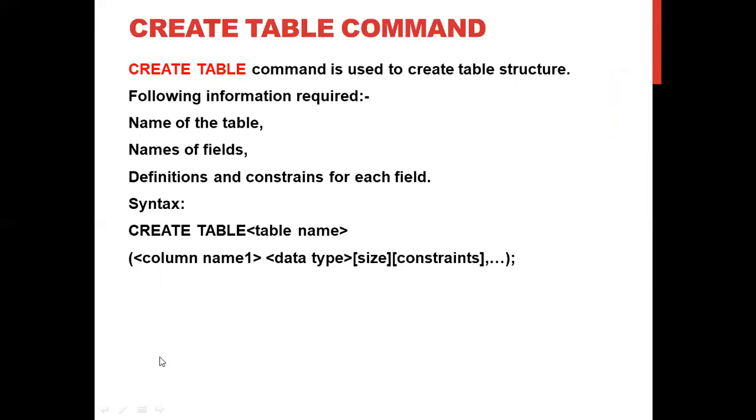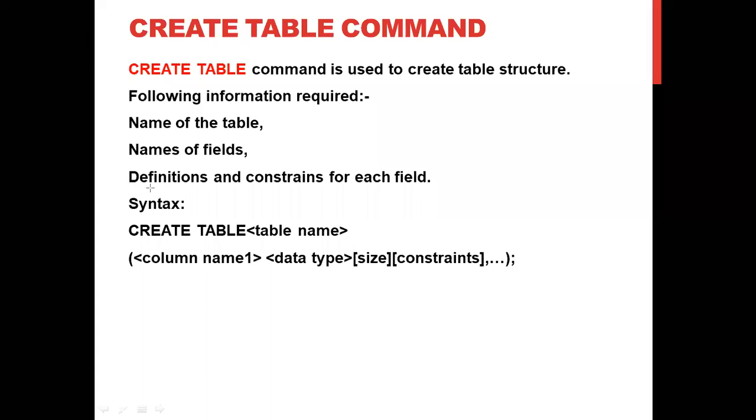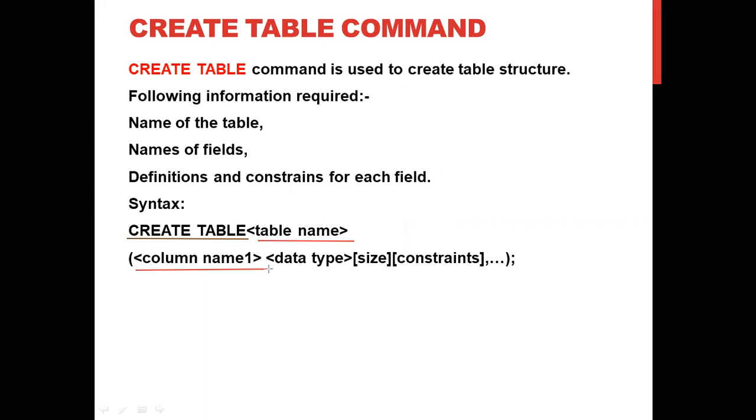First we write CREATE TABLE, a command that is used to create the table. Then the table name. Then within parentheses write the column name, data type, size, and constraints if given.